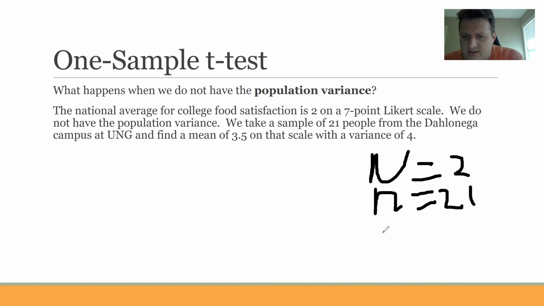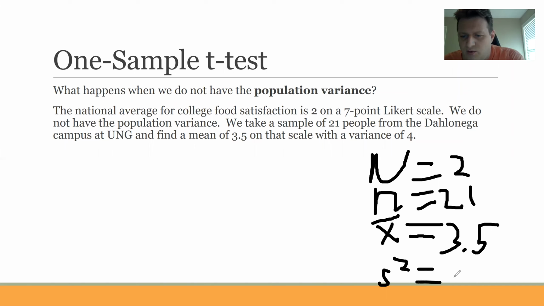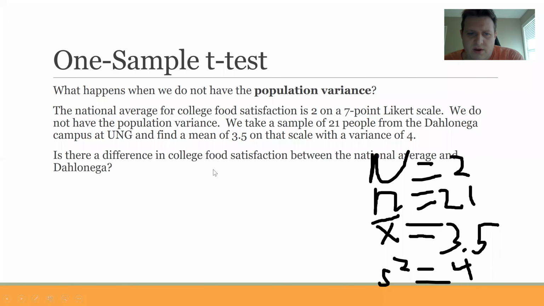We have a sample mean equal to 3.5. And our sample variance, my apologies, is equal to 4. So our standard deviation we know is going to be equal to 2. Okay. So let's continue here.